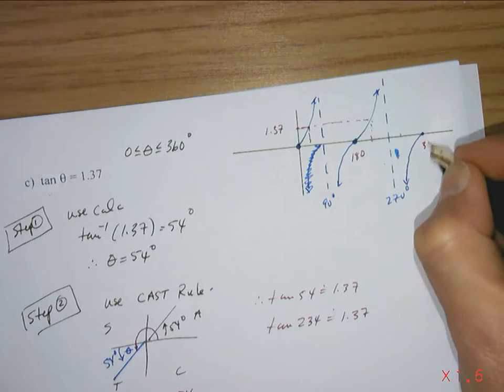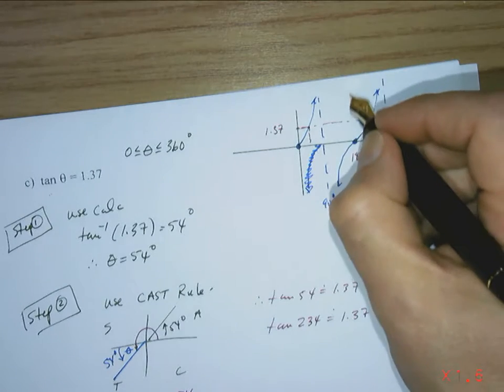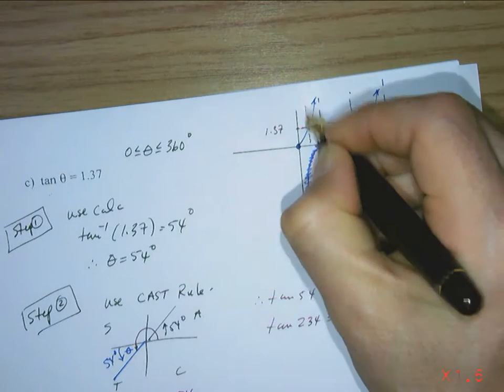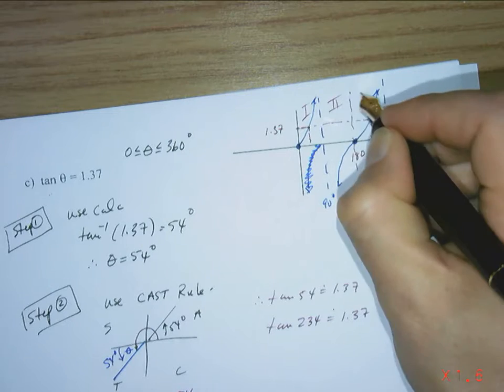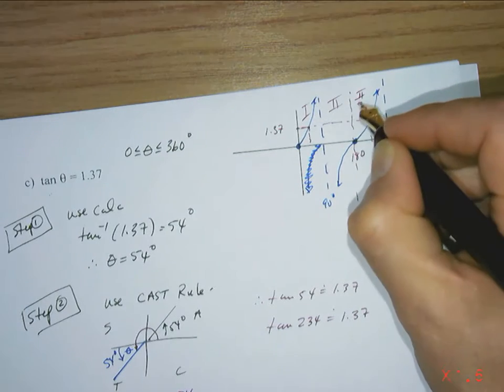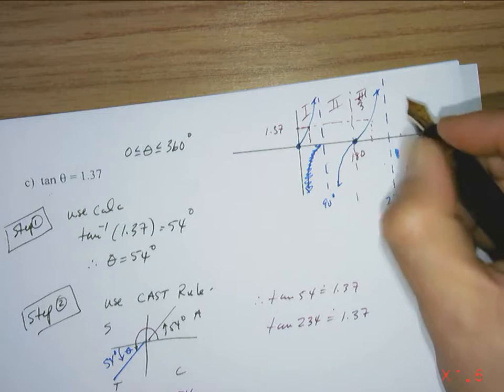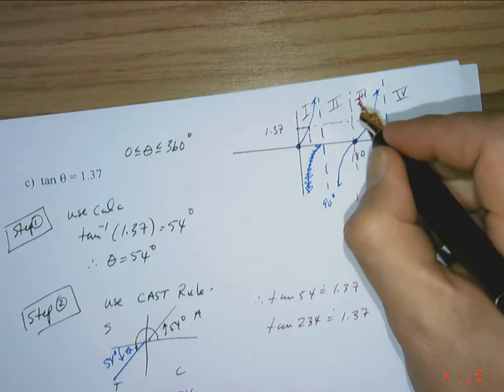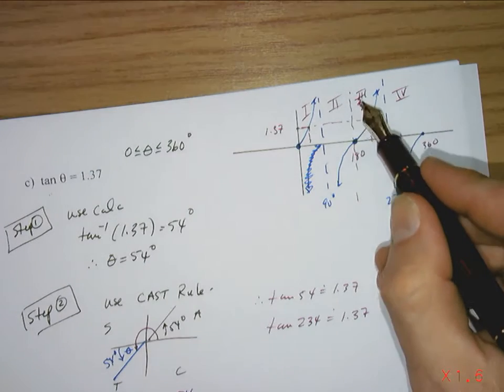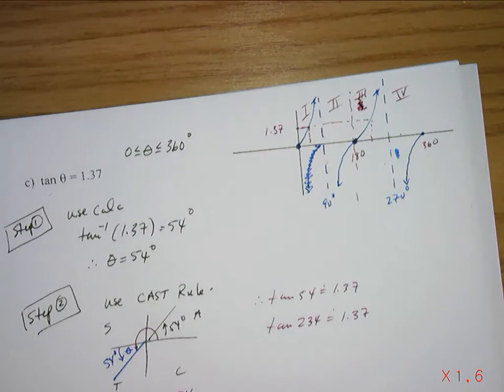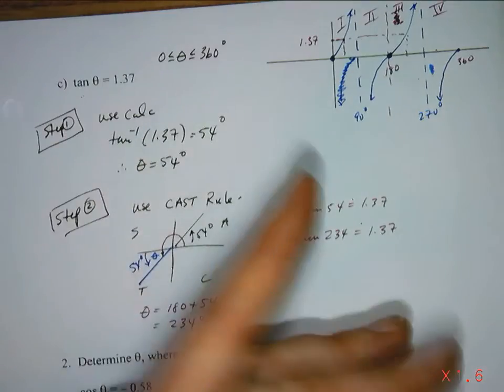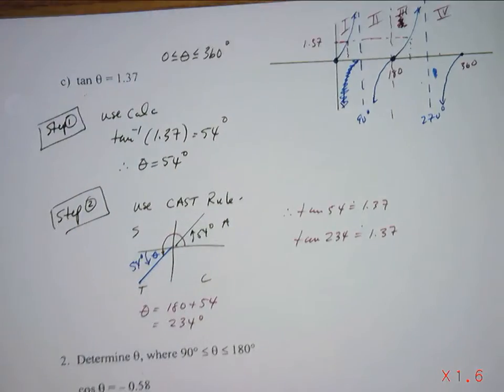That's going to be 360. Your quadrants are quadrant 1, quadrant 2, quadrant 3, and quadrant 4. There's your investigation. And certainly we didn't need the investigation at all to see how this is working.